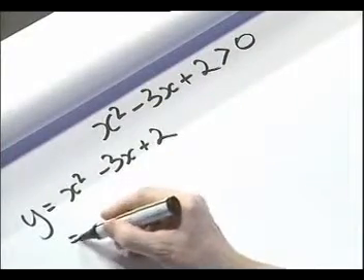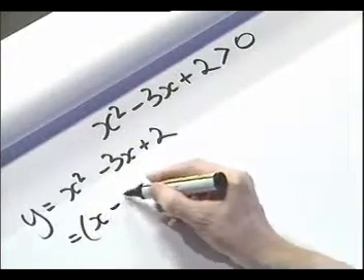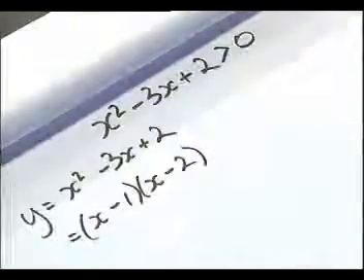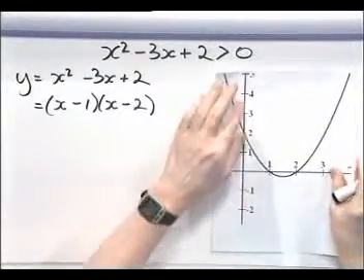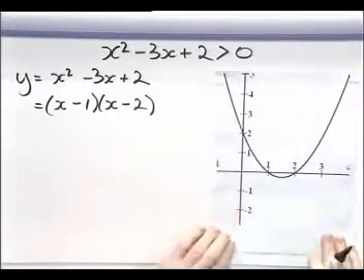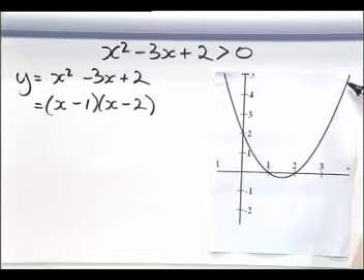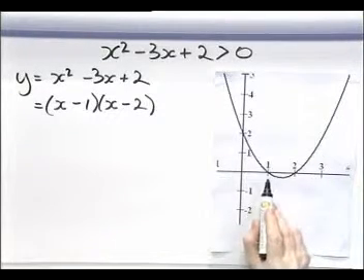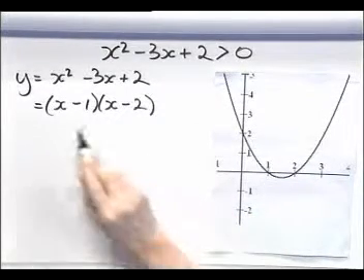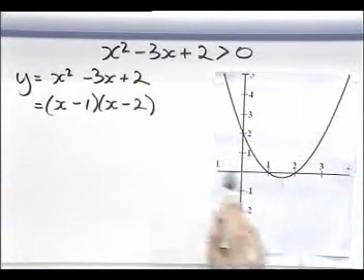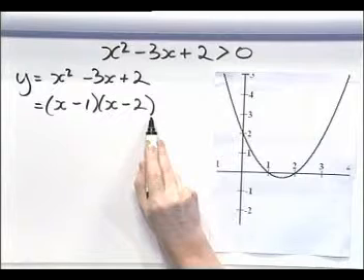This factorizes to give y equals (x minus 1)(x minus 2). The graph looks like this. Because it's a quadratic, it's a parabola, a U-shaped curve. And it crosses the x-axis where x equals 1 because of the factor x minus 1, and where x equals 2 because of the factor x minus 2.